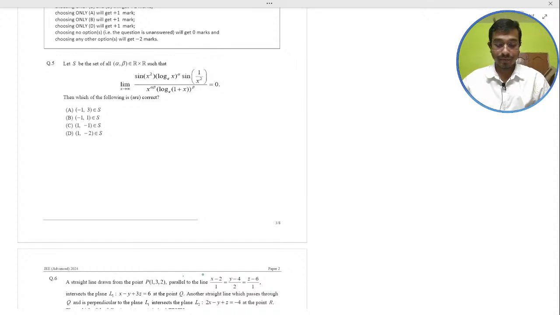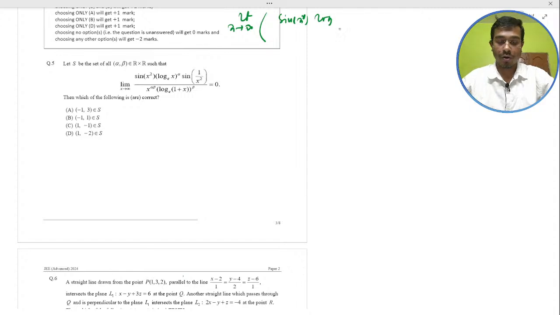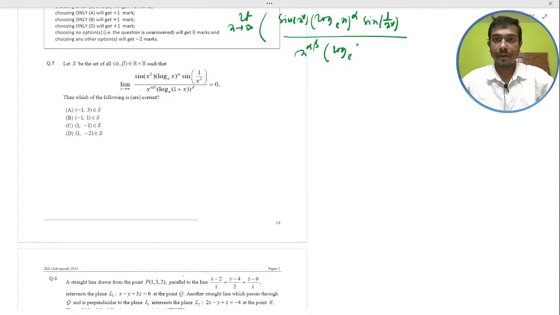So now let us solve. Limit x tends to infinity sine x square log x to the power alpha sine 1 by x square divided by x to the power alpha beta log e 1 plus x to the power beta. This is equal to 0.